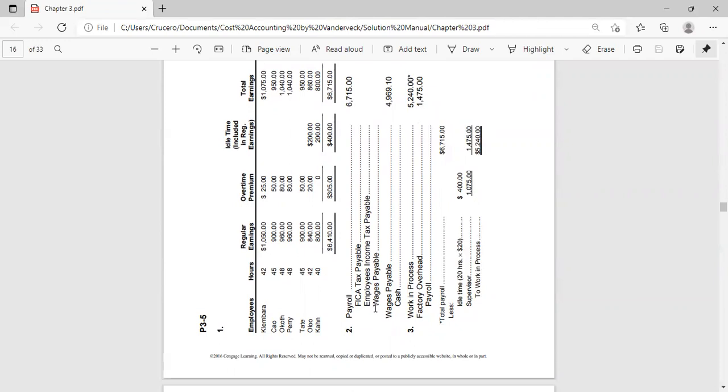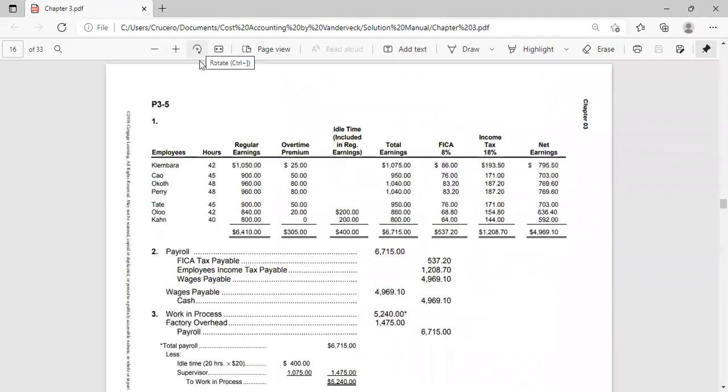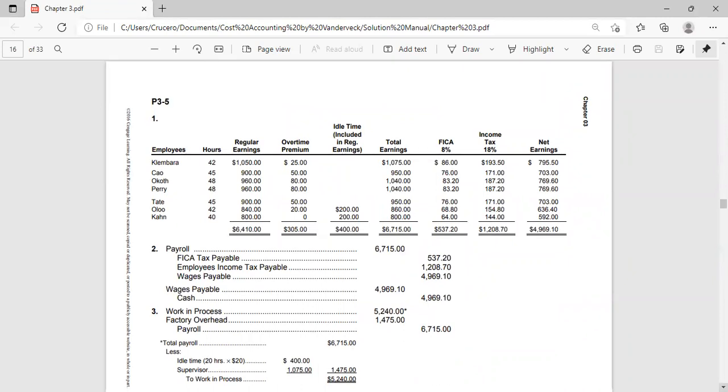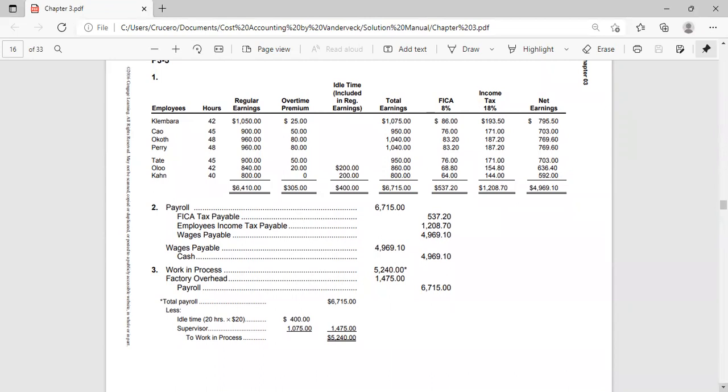3-5 question required: Calculate the total payroll and total net earnings for the week. Assume that an 18% deduction for federal income tax is required in addition to FICA deductions. Assume that none of the employees has achieved the maximums for FICA and unemployment taxes.